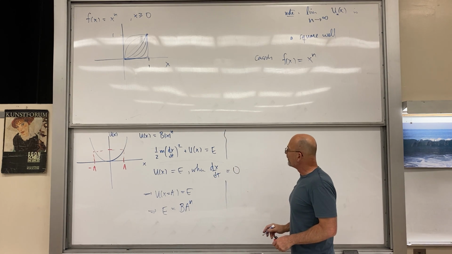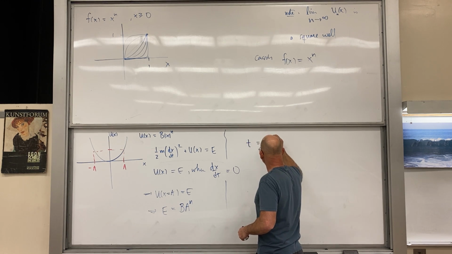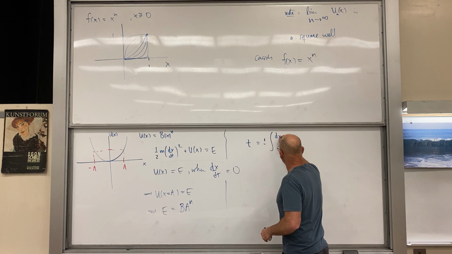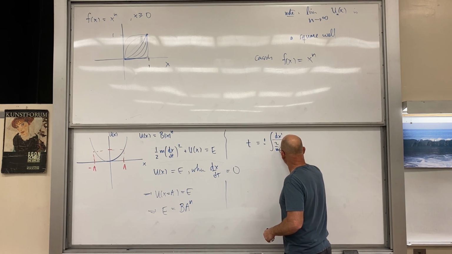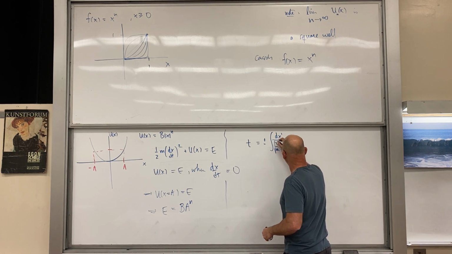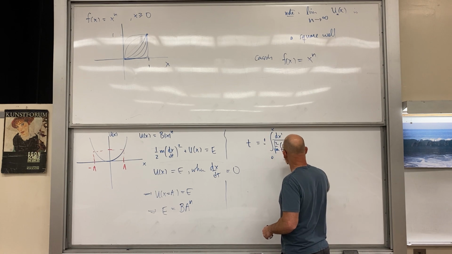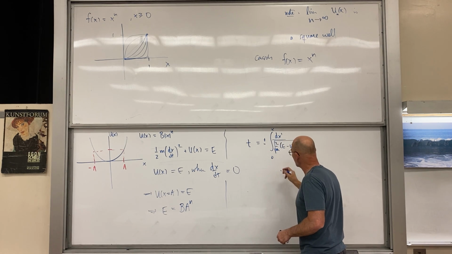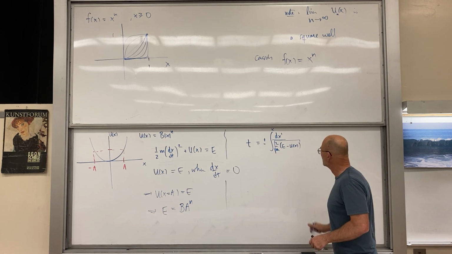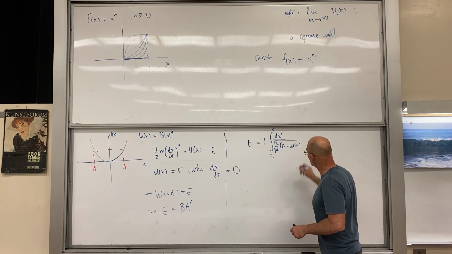So now we're going to go back to t is equal to plus minus integral dx prime square root of 2 over m (e minus u of x), from x0 to x, or a to x0. Yeah, x0 over x, like that, little prime there.